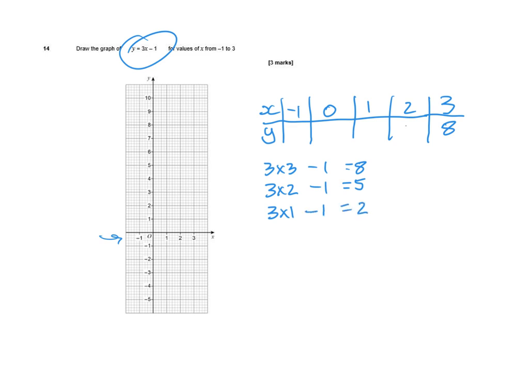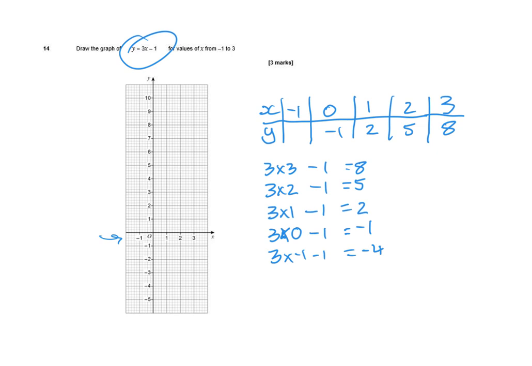And we can probably start seeing what's happening here. We've got a pattern that we're following. 3 times 0, take away 1 is -1. It's going down in threes, isn't it? I can see that. And you can do that if you wish. So 3 times -1 is -3. Take away another 1 gets me to -4.